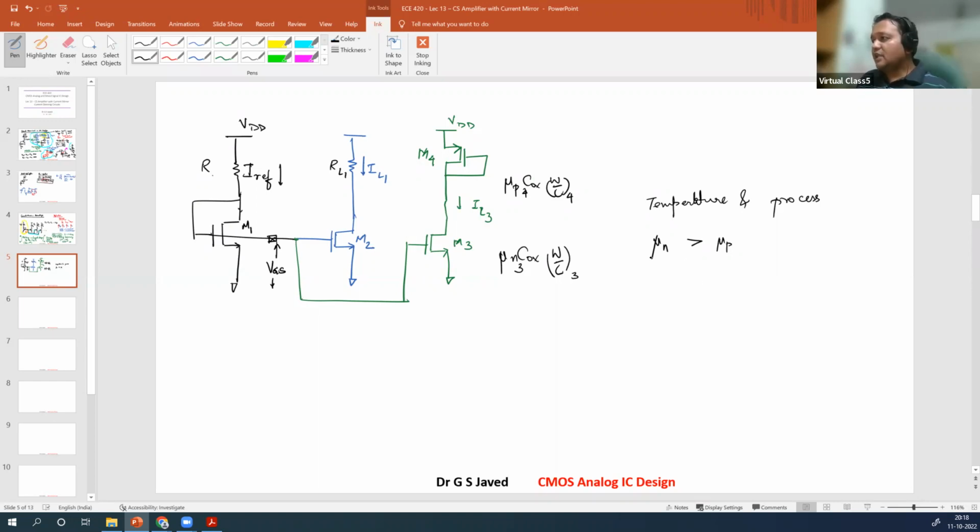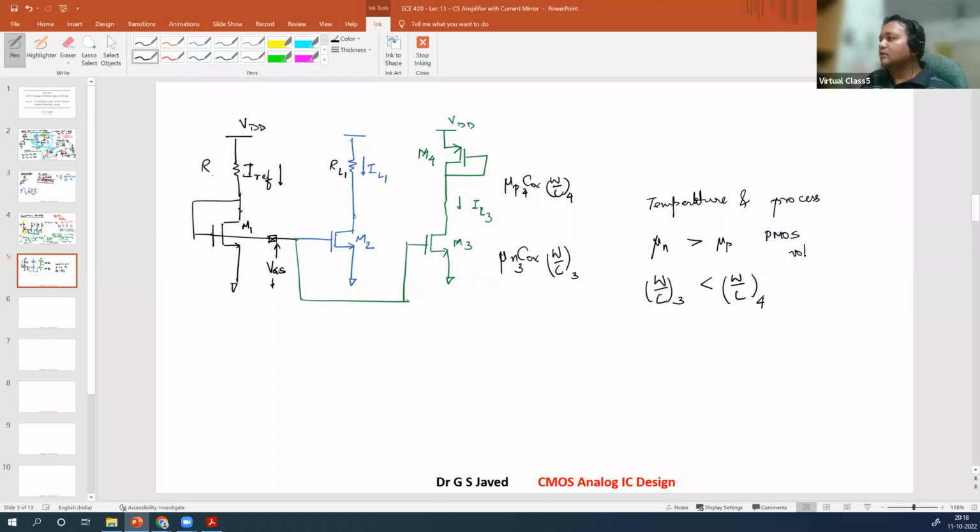Now, since there are more charges in NMOS than in PMOS, you need to compensate the total volume of charge. You need to make this the same. So the way to make it the same is to change the geometry of the device. What you will do is change the geometry of W3 to be different from L, and typically you will increase the PMOS geometry.